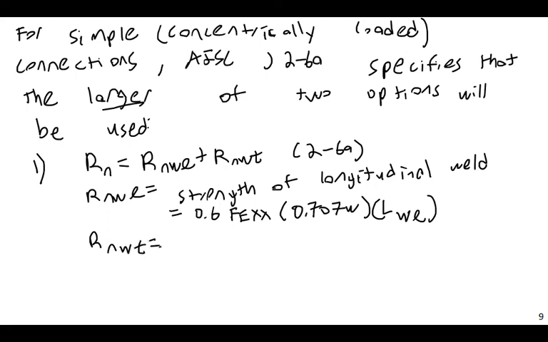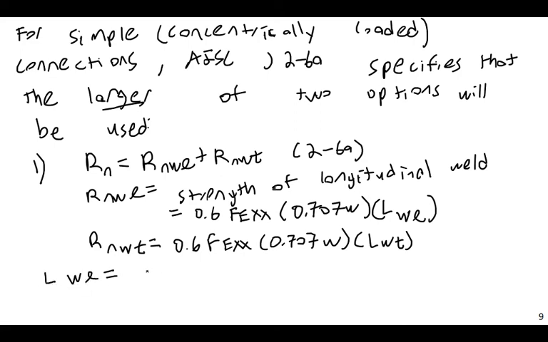RnWT is going to be equal to 0.6 FEXX times 0.707W times LWT, where LWL is the length of the longitudinal weld, and LWT is the length of the transverse weld.